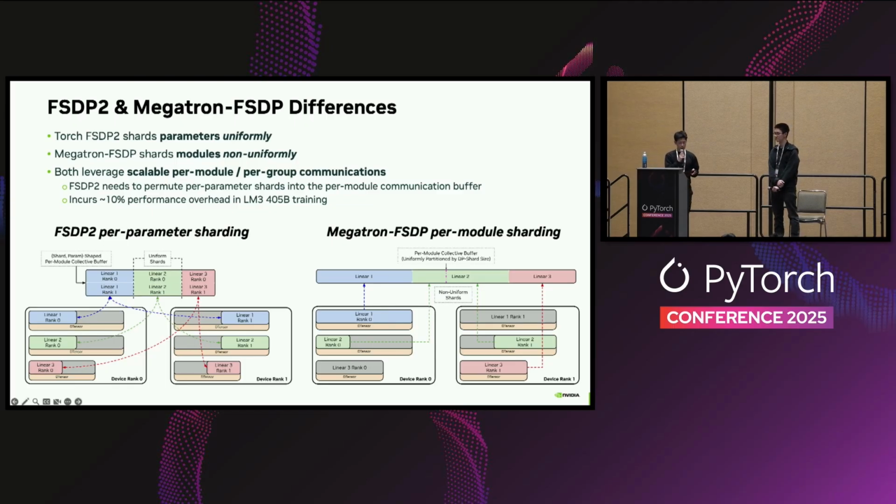If your layout in the communication buffer and how it is used in the computation are not the same, you have to do an additional copy of data between the computation and the communication buffer, with a permutation. We found that it causes about 10% extra end-to-end overhead. So we chose this design to make it less overhead, and this gives a significant performance boost.